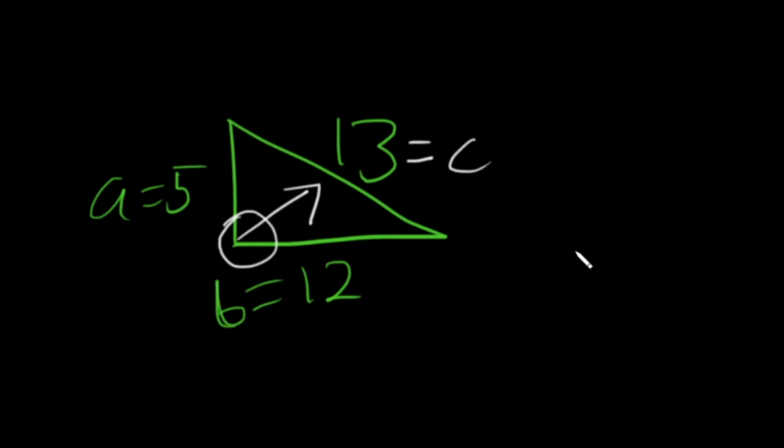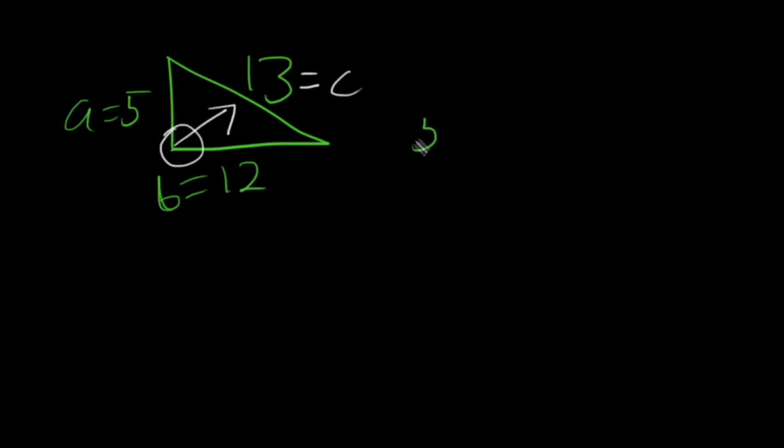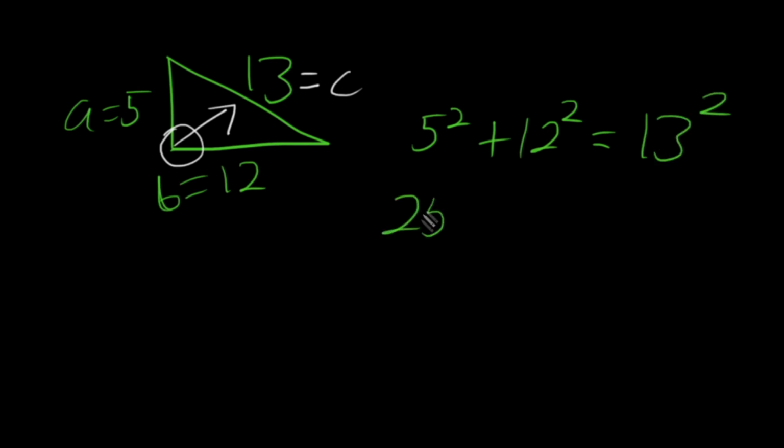All we have to do is plug it into our formula and see if both sides equal each other. So we have our A squared, which is 5 squared, plus B squared, which is 12 squared. And we need to see if that's going to equal our C squared, which is 13 squared. 5 squared gives us 25. Our 12 squared gives us 144.